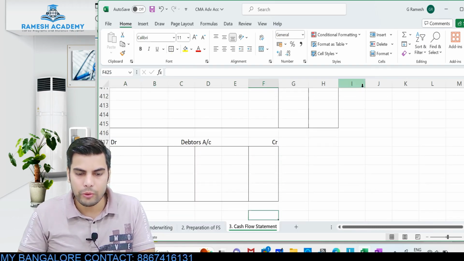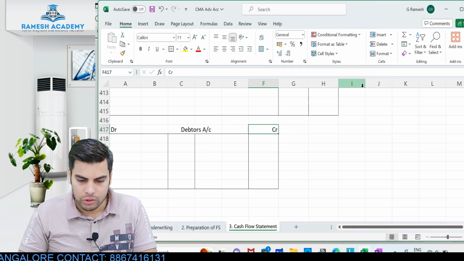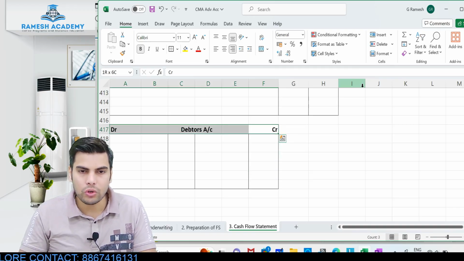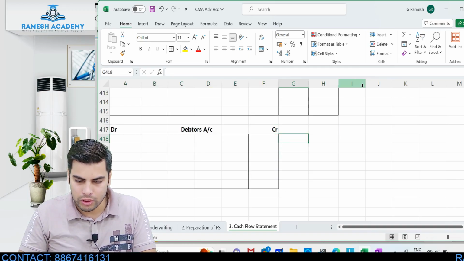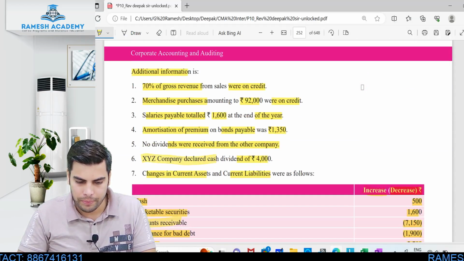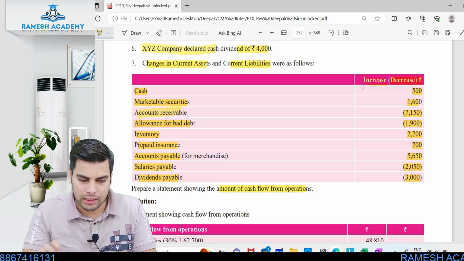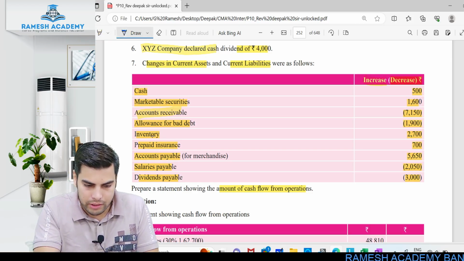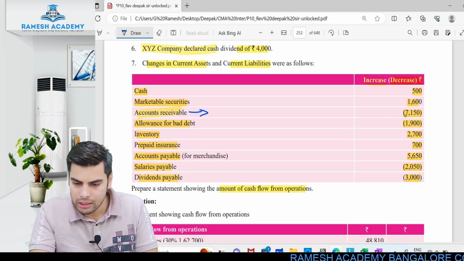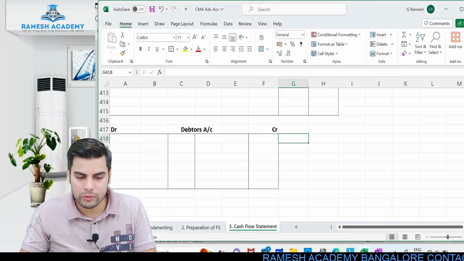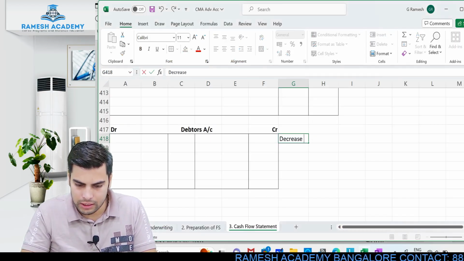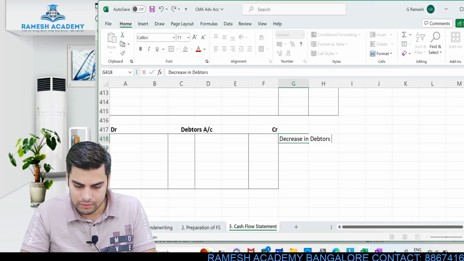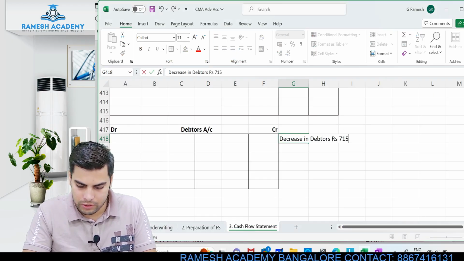So this statement you need to understand properly. They haven't given any opening balance or closing balance, but they have given you some increase or decrease. Look at this. In the current assets and current liabilities, debtors, which is trade receivable, here it is, account receivable. They have told that there is a decrease of 7,150. So decrease in debtors is rupees 7,150.